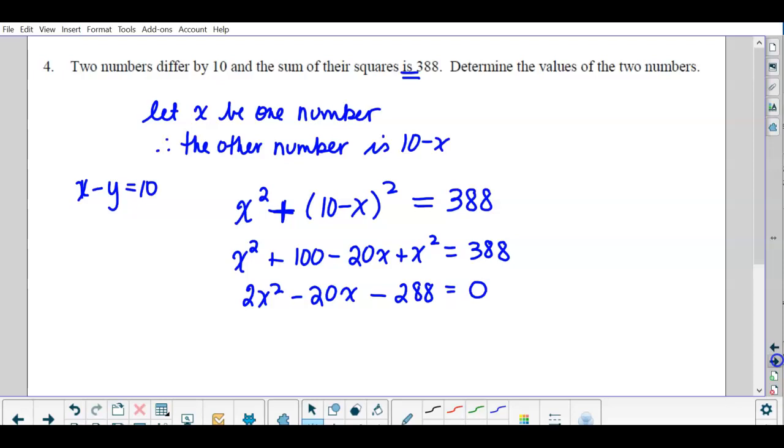Okay, some bigger numbers here. Always check, can you divide every term by the same number? Is there a common factor to all the terms? So these are all even. So I would divide both sides by 2.